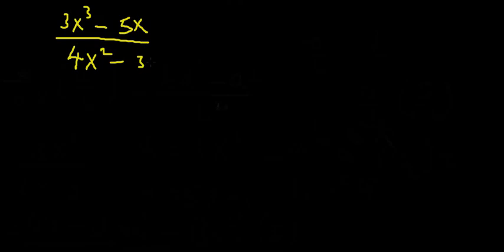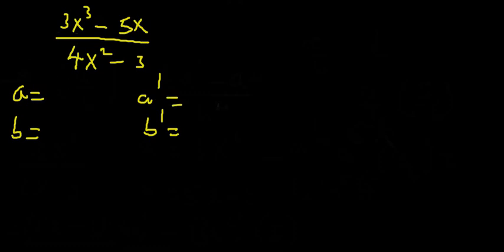So let's look at another example. 3x cubed minus 5x over 4x squared minus 3. So we need to identify a, we need to identify b, we need to find a prime, and we also need to find b prime.